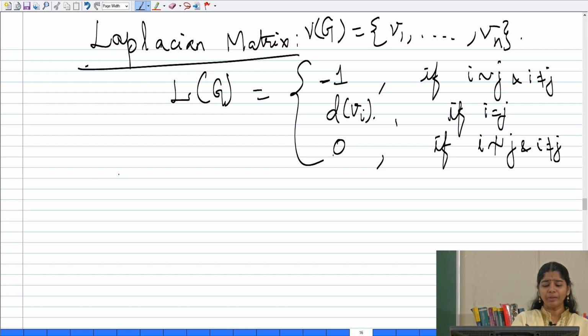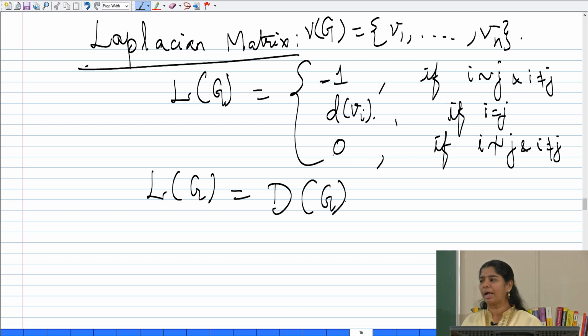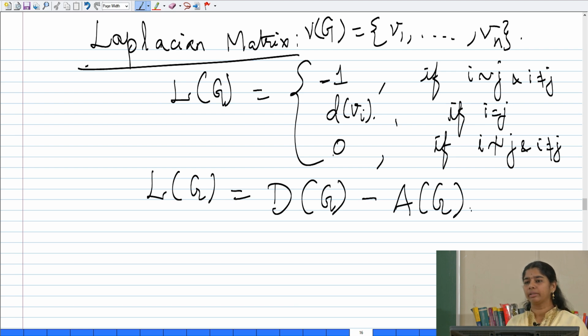There is also an alternate way of defining this Laplacian. By the way we have defined it, L of G is also nothing but the degree matrix, a diagonal matrix whose diagonal entries are the degrees of the vertices in the corresponding order, minus the adjacency matrix.